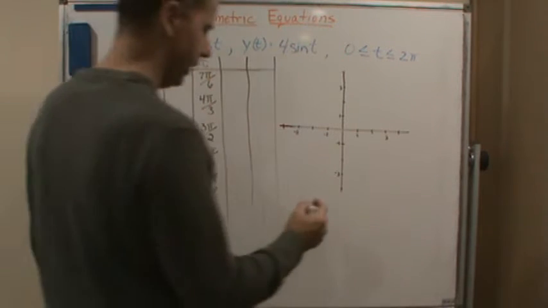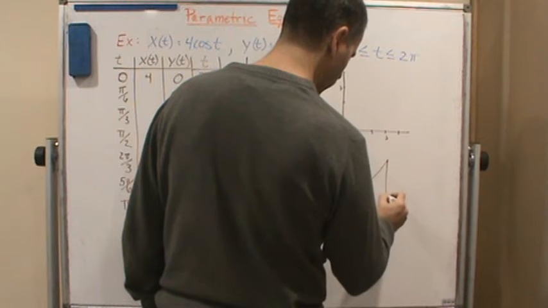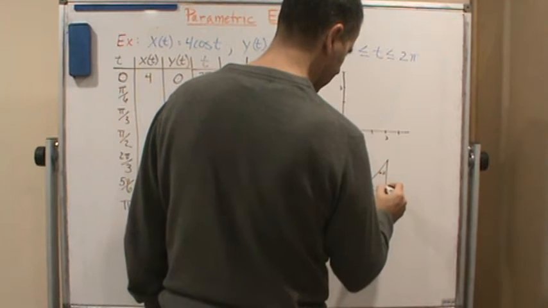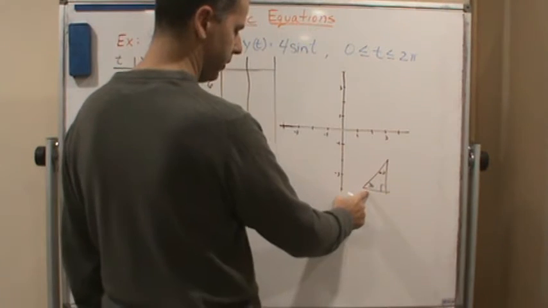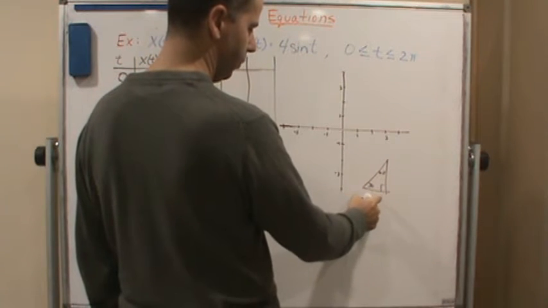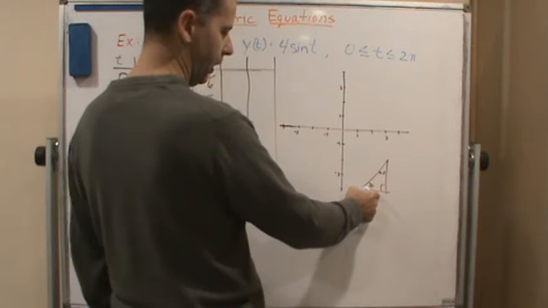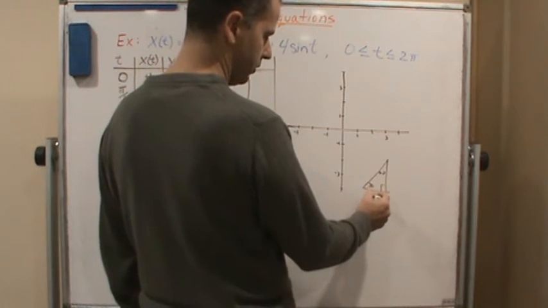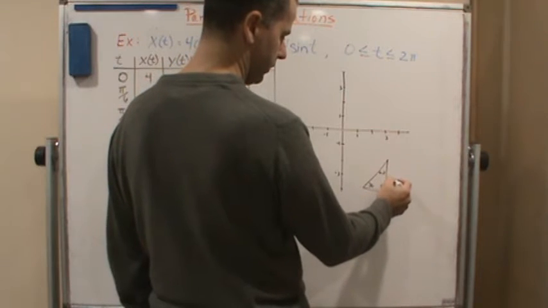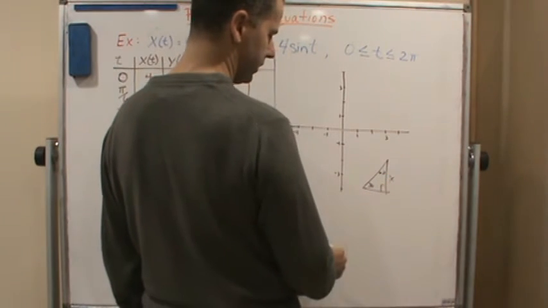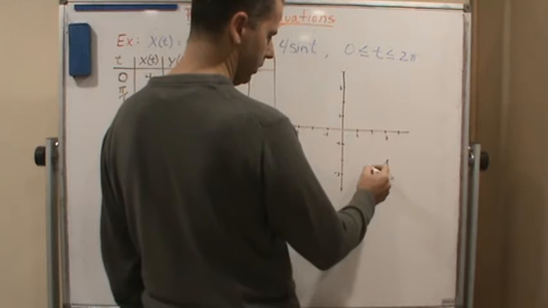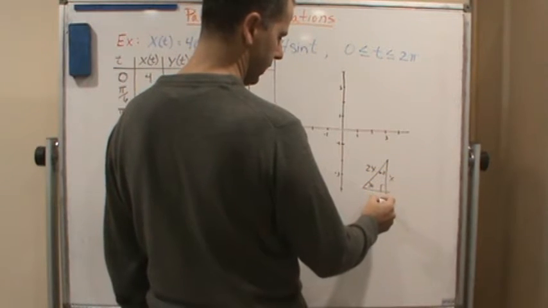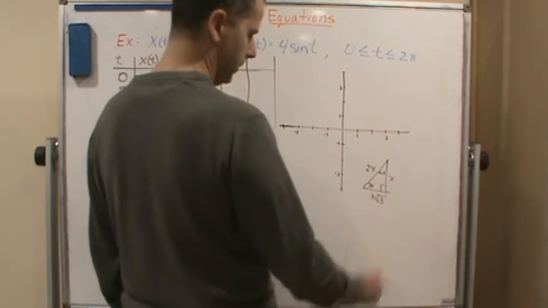Again, this should just be a review, right? So we have 30, 60, 90. We're at a 30-degree angle. Cosine is what? It's adjacent over hypotenuse, right? So this is going to be x, this is going to be 2x, and this is x times the square root of 3, right?